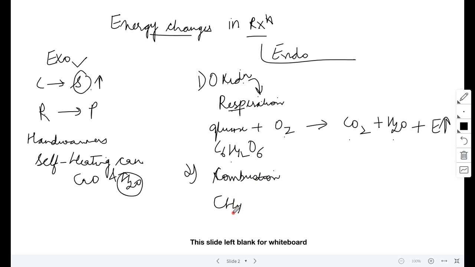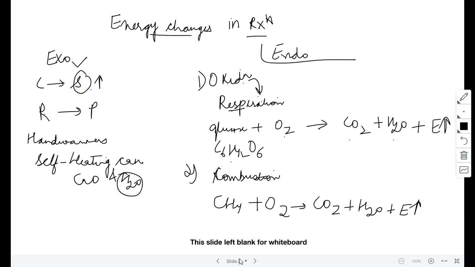Methane is present in natural gas, and this is a combustion reaction. This methane gas reacts with oxygen, and then it again produces carbon dioxide plus water, and releases lots of energy. At least you have to remember this: oxidation and combustion are exothermic reactions.